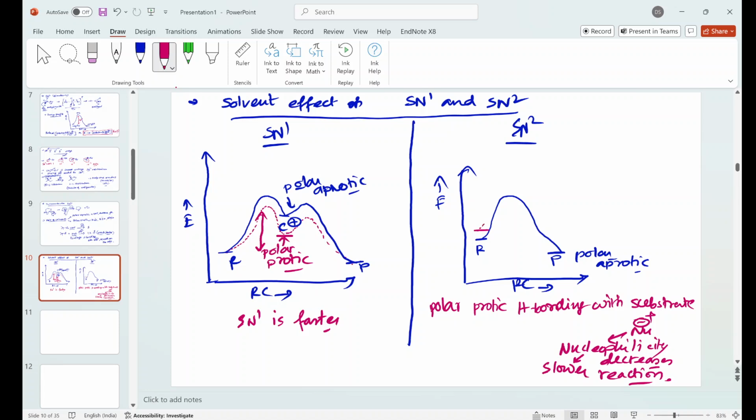So this will look like the energy difference will be more. SN2 is slower in protic solvent. Okay.